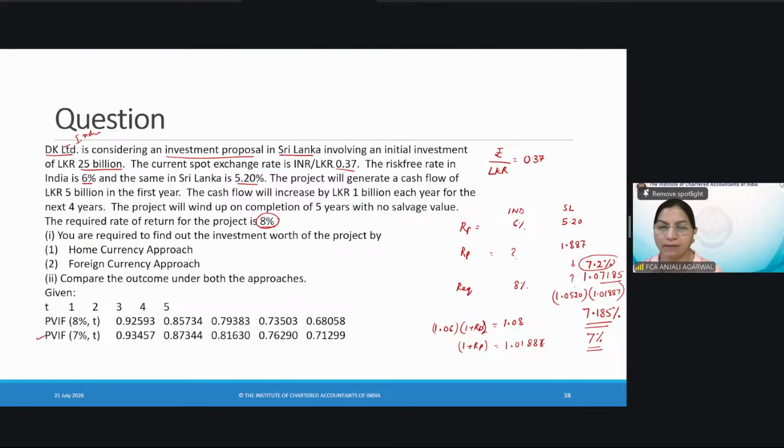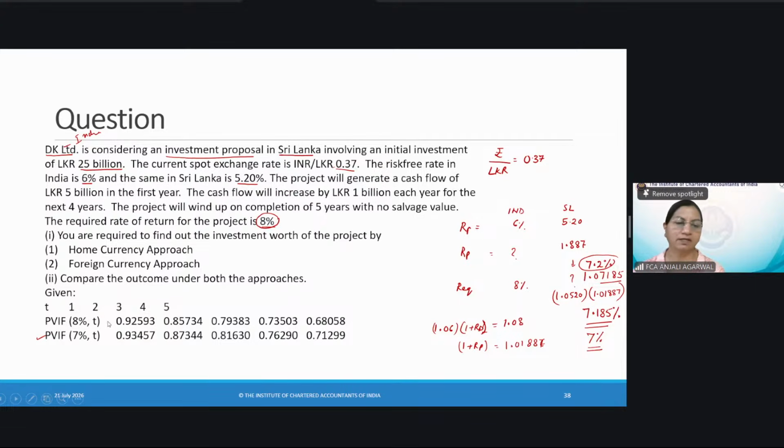The discount rates applicable for the two countries will be different. And the conversion has to be done if you are doing it in home currency using the risk-free rates as the basis for calculating the forward rates. We'll assume that interest rate parity holds good.